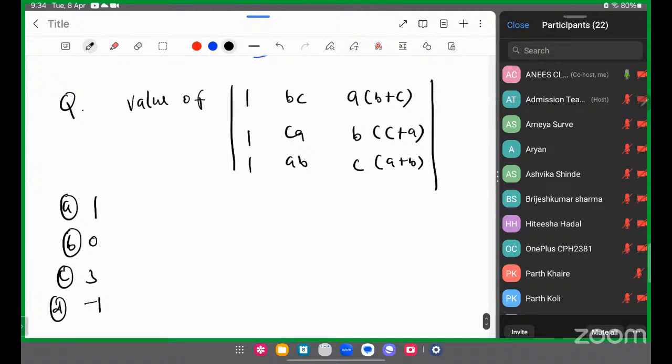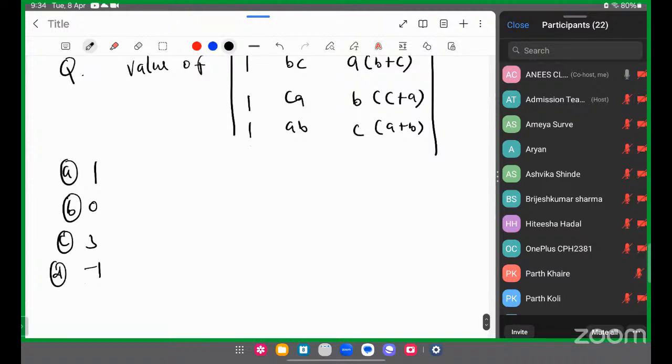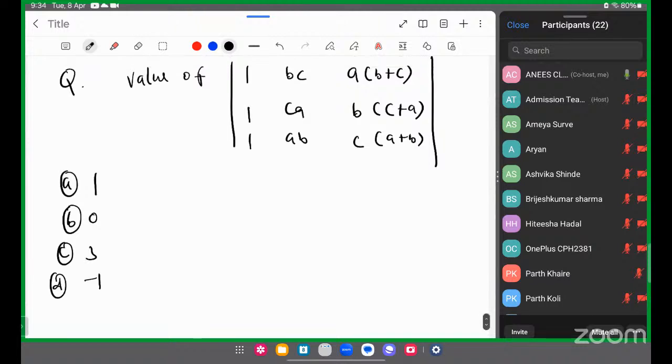Now, there are two different ways to solve it. Either you can expand it directly by the traditional method, or you can select certain values for A, B, and C. If you take A as 1, B as minus 1, and C as 0, put all these values into the determinant and solve it, you will get a certain fixed value, and that will be the answer.